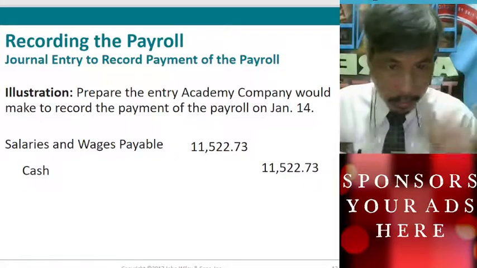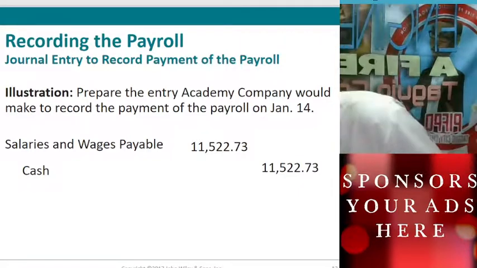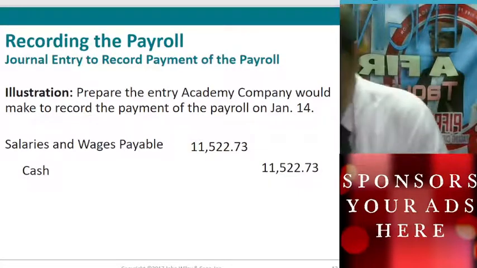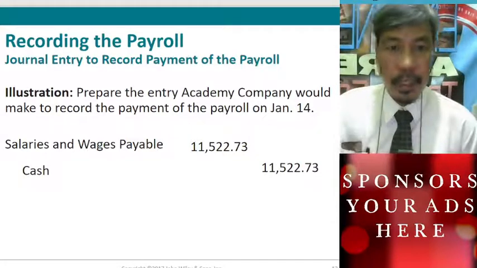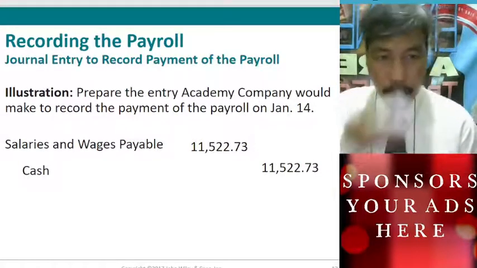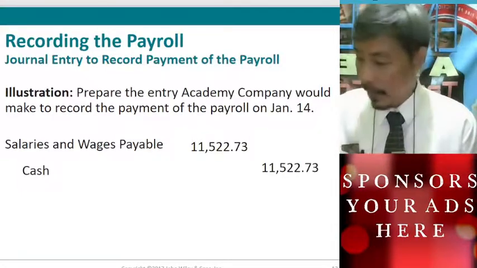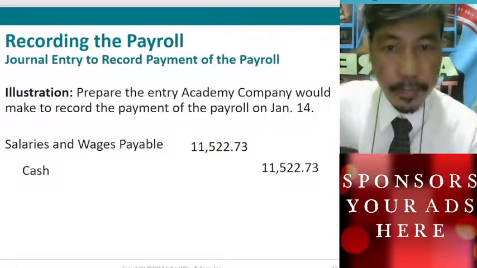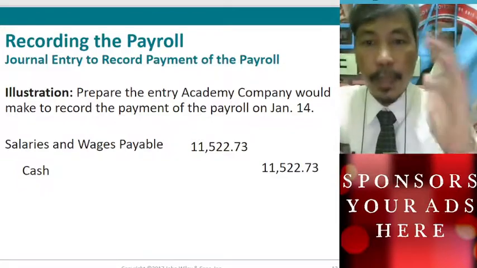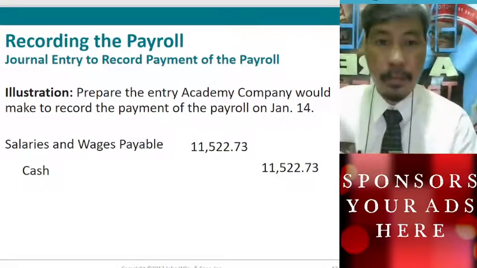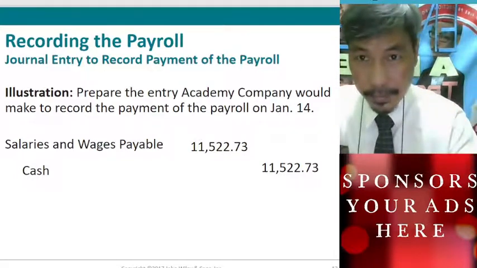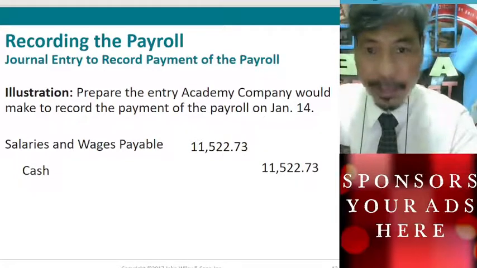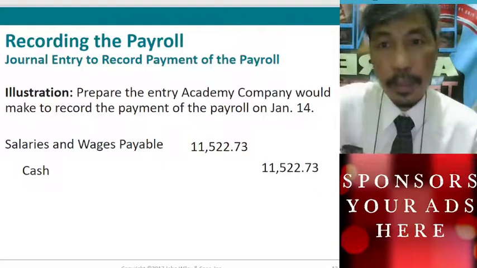Prepare the journal entry. So, salaries and wages payable, then cash. We pay in cash. Cash on bank is recorded as cash because they release a check. The company releases a check, but that is recorded as cash because that is cash on bank.